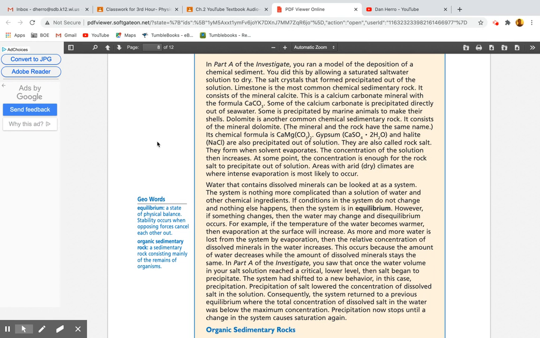They are also called rock salt. They form when solvent evaporates. The concentration of the solution then increases. At some point, the concentration is enough for the rock salt to precipitate out of the solution. Areas with arid or dry climates are where intense evaporation is most likely to occur.